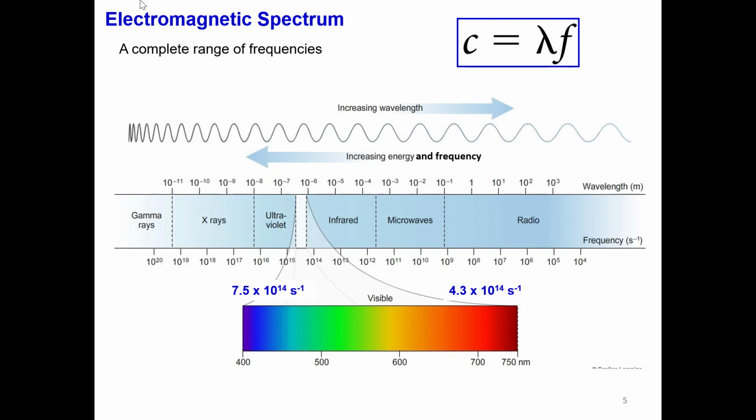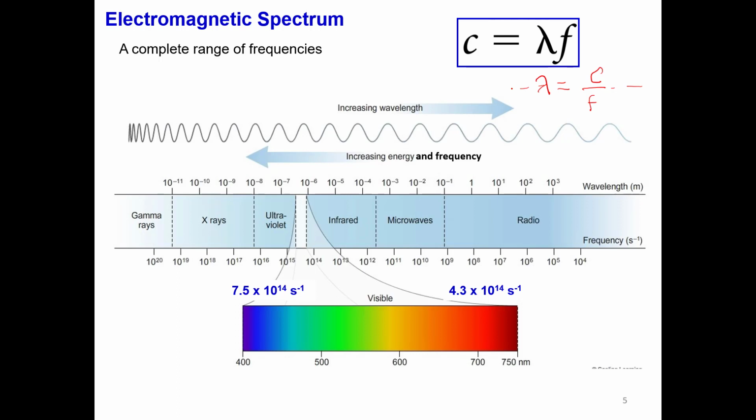Remember, if we rewrite this equation, lambda equals the speed of light divided by the frequency, and we can see that the wavelength and the frequency are inversely proportional.